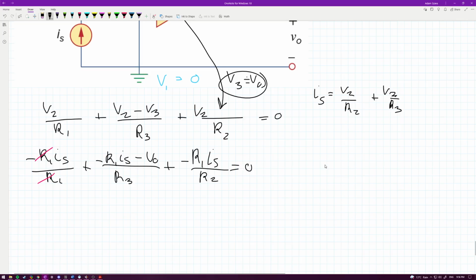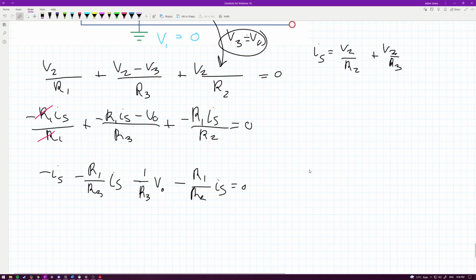Yeah. So negative IS minus R1 over R3 IS minus 1 over R3 VO minus R1 over R2 IS equals 0. Whatever, factor everything out. Move that to the other side, factor IS out. So IS times negative 1 minus R1 over R3 minus R1 over R2 equals 1 over R3 V naught.